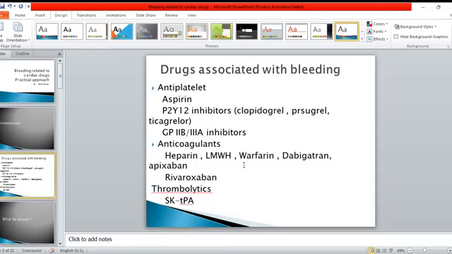Bleeding may also affect your medication, so you may find yourself obligated to stop essential medications like anticoagulants or antiplatelets. In addition to its direct effect, it may lead to significant anemia and shock and mortality. So bleeding overall is associated with significant mortality and bad outcome in cardiac patients.